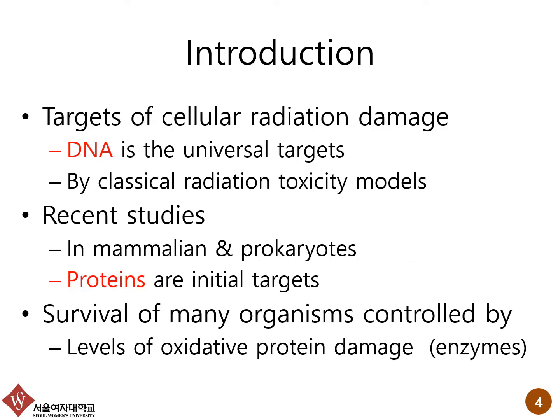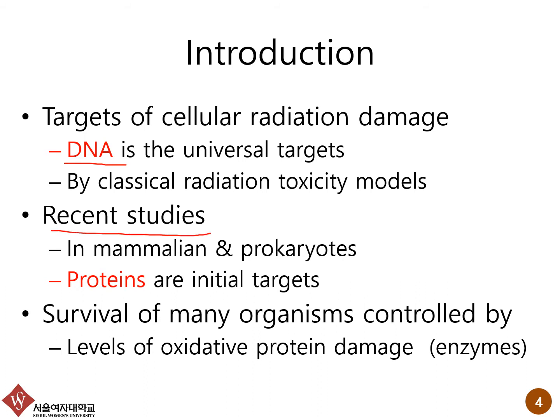For several years we thought that gamma radiation or non-ionizing radiation, which produce ROS, were targeting the DNA. So DNA was the major target for the ROS and the radiation which cause damage to the cellular model. Several classical toxicity models mainly target the DNA as the universal target.